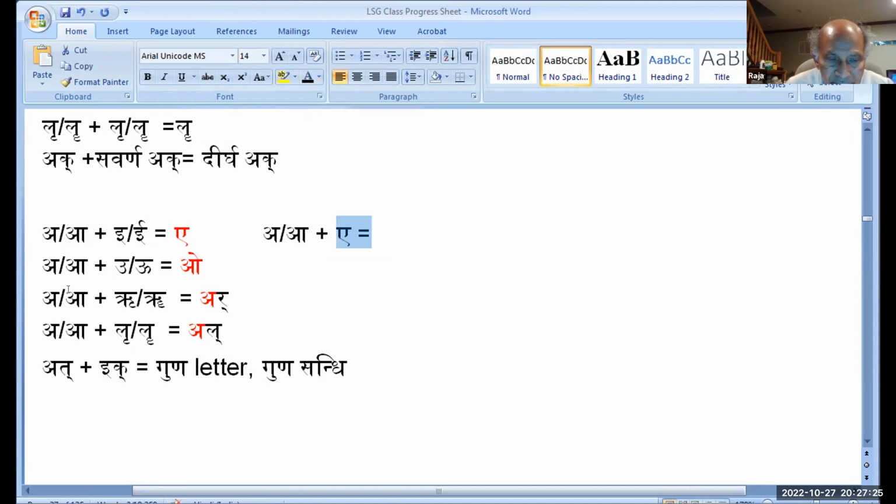I'm going to keep this pivot as it is and add the guna letters that resulted there.